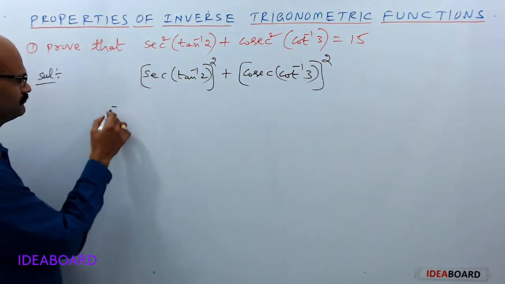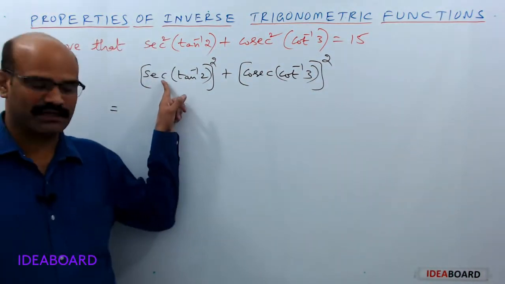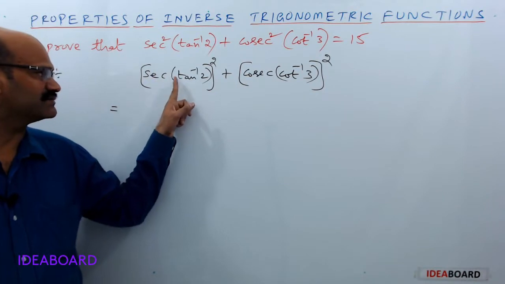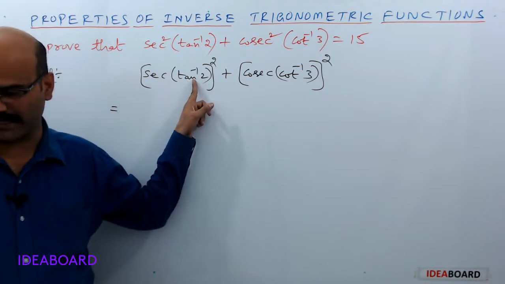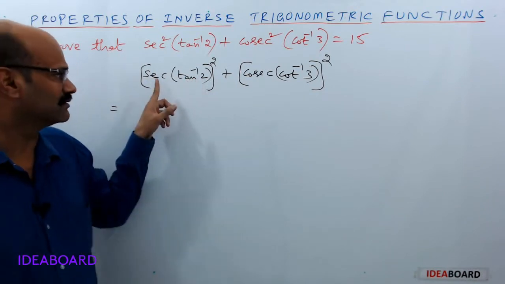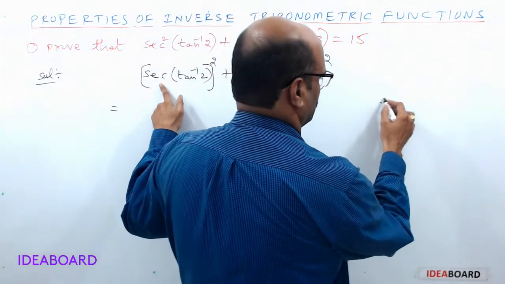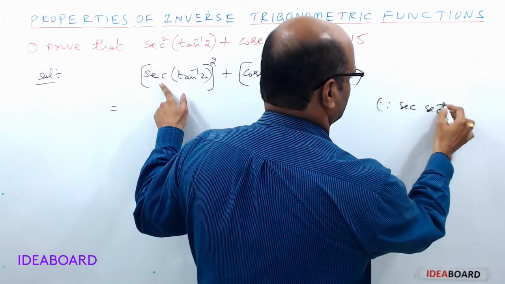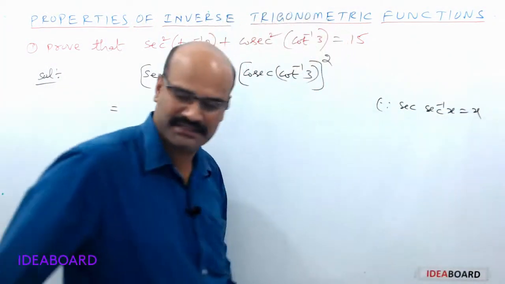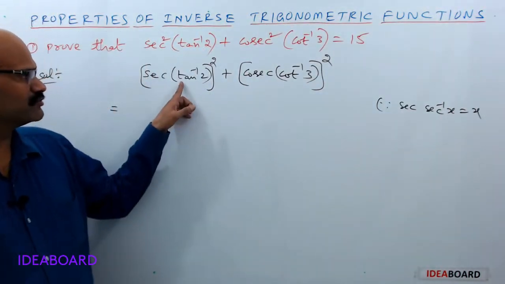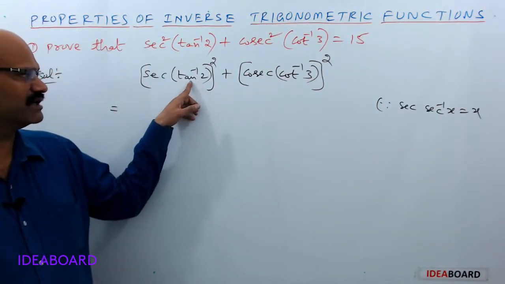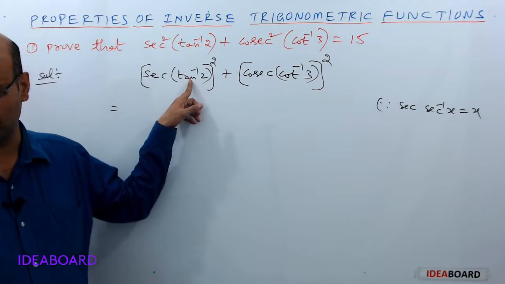Now here we know that secant of secant inverse of x equal to x. The formula is secant of secant inverse of x equal to x. So we should convert tan inverse of 2 in terms of secant inverse.